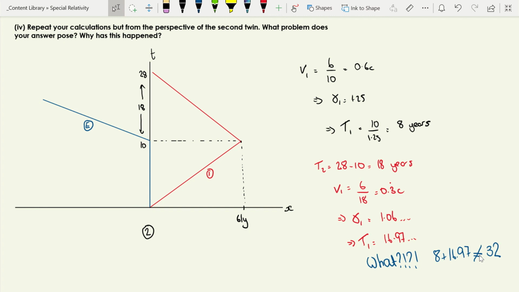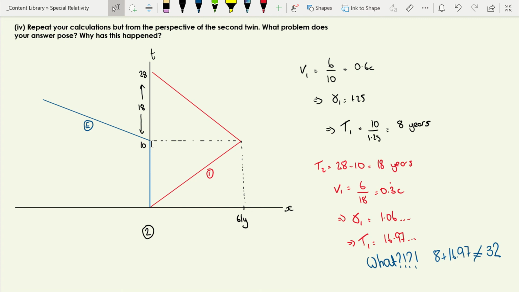Well, the key is the postulate of special relativity, and of general relativity actually, that the laws of physics are the same from any inertial reference frame. And it's the inertial that is key here. Inertial means not accelerating. And you can clearly see that Captain 2's reference frame accelerated, because initially the reference frame was stationary on Earth, so it matched up with Earth.